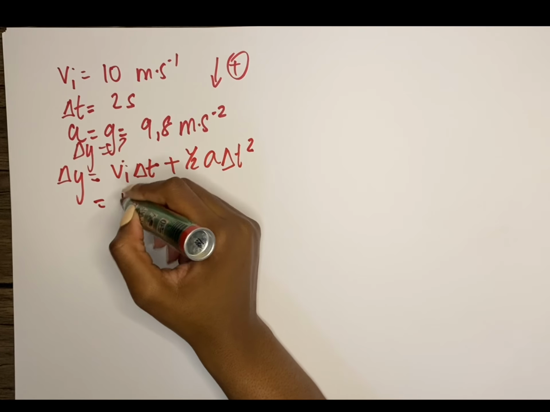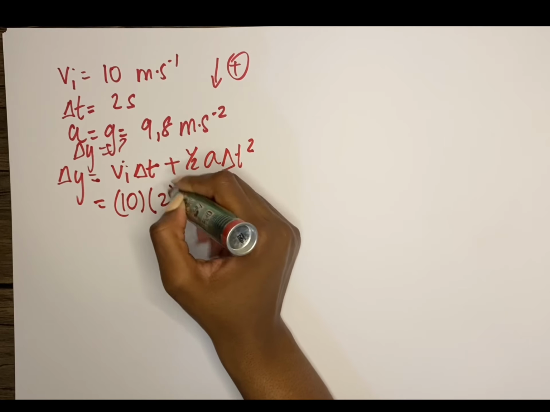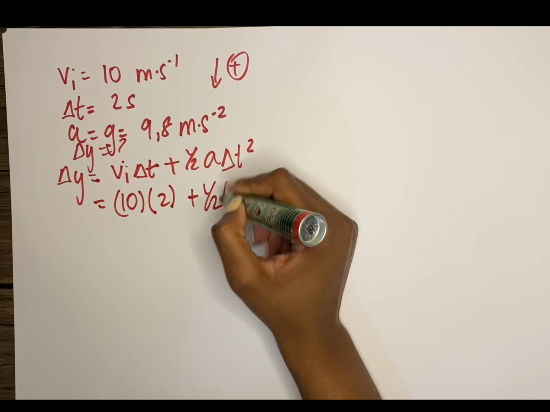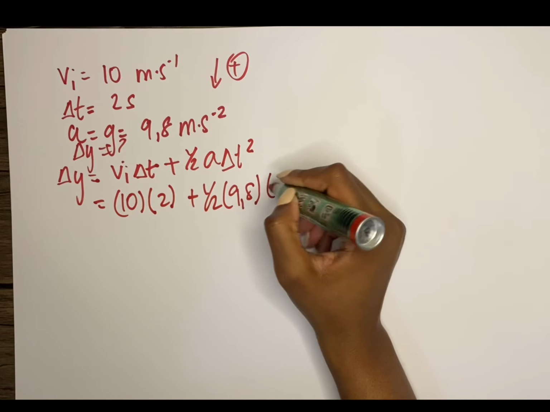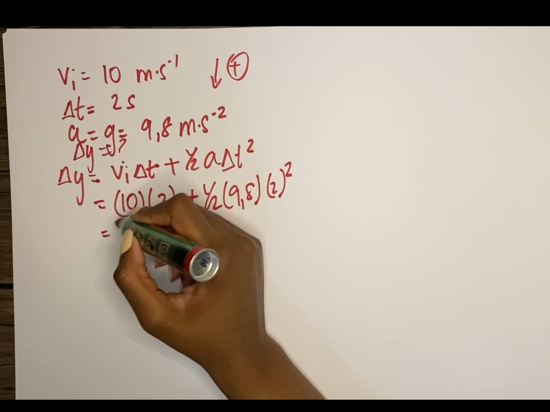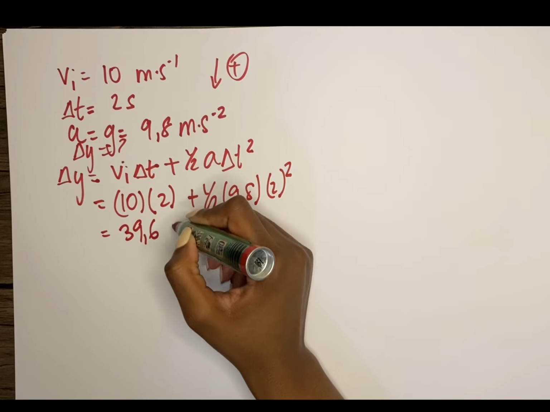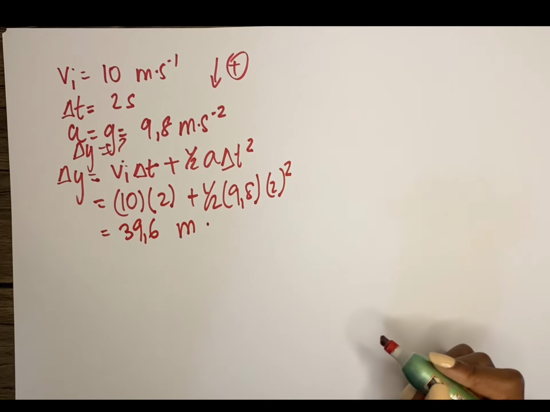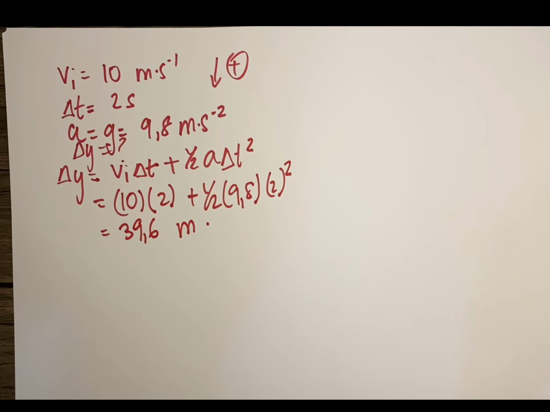Then from here it's simple substitution: 10 times 2 plus half times 9.8 times 2 squared, and then you should get your answer as 39.6 meters, which means the height is 39.6 meters.